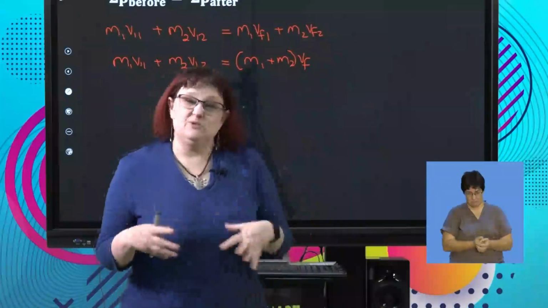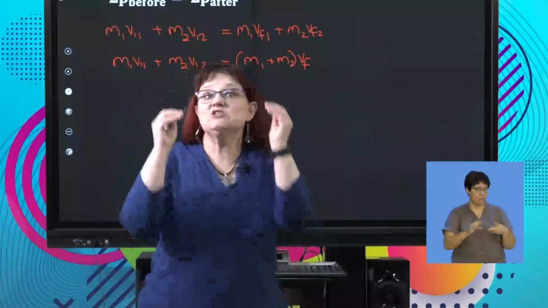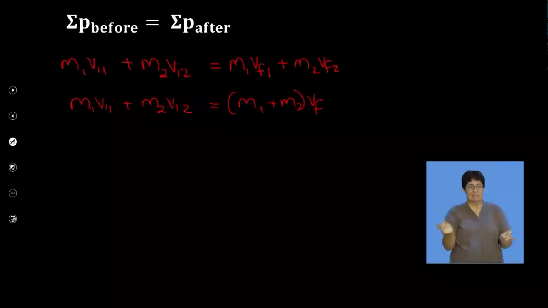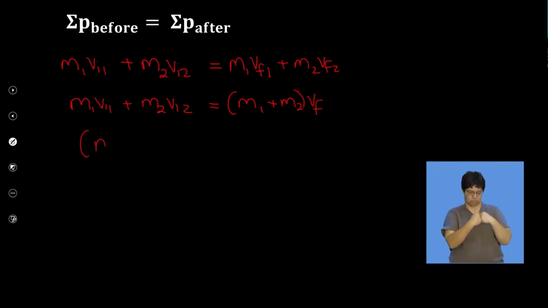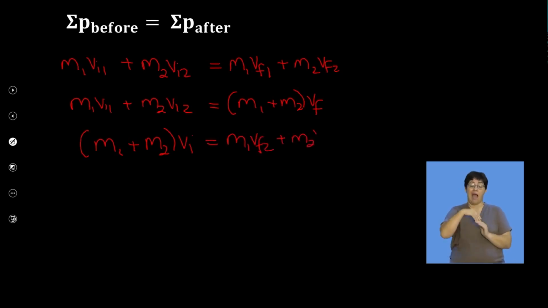The other option, which I couldn't quite show you, is if they start as one object. So that means we would go m1 plus m2, and they have the same initial velocity, and afterwards they have two different velocities. I'm telling you, I put a 2 there and it should be a 1. Oh my goodness, that's a 1 and that's a 2.